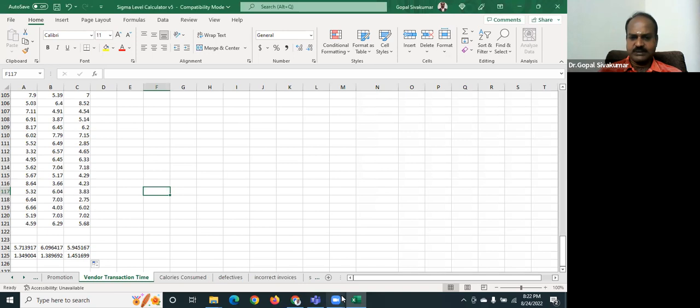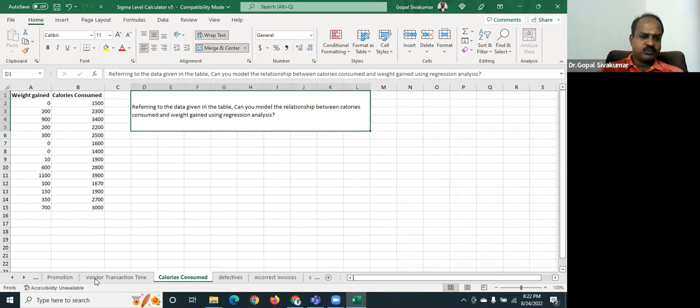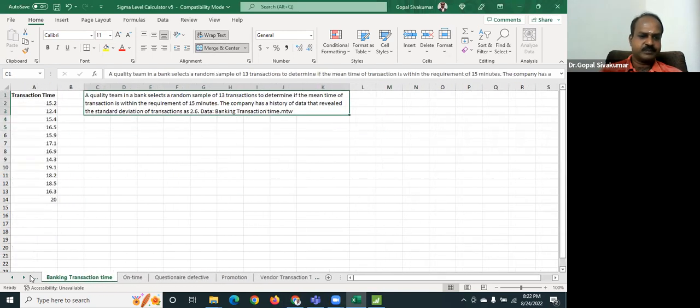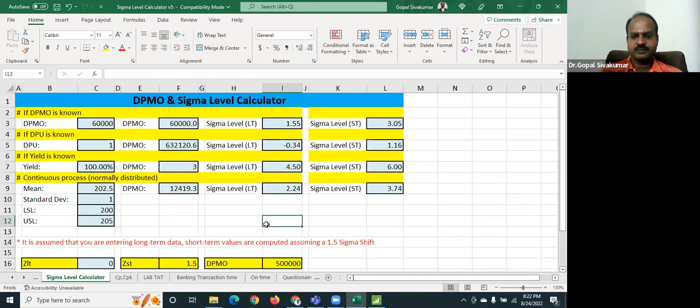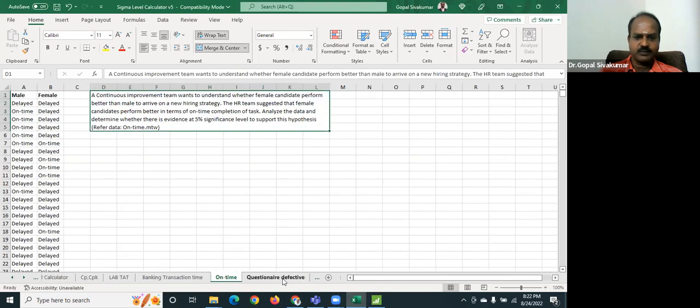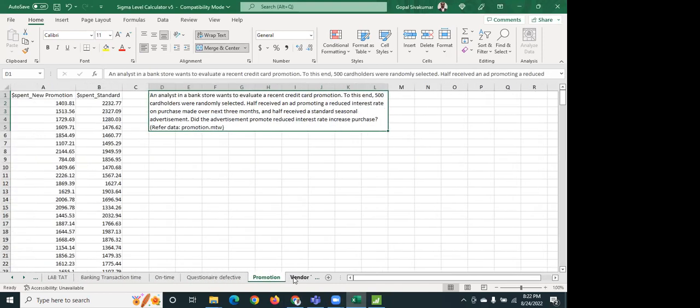So Minitab is getting opened. Let's get it loaded. I think Minitab is ready. So, bank transaction time, on time, questionnaire, promotion, vendor.